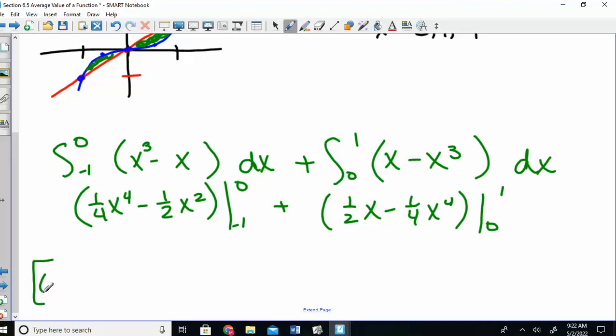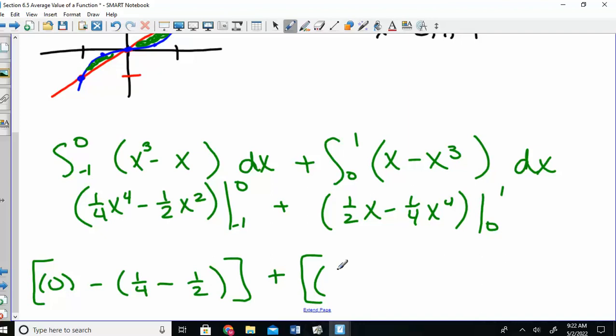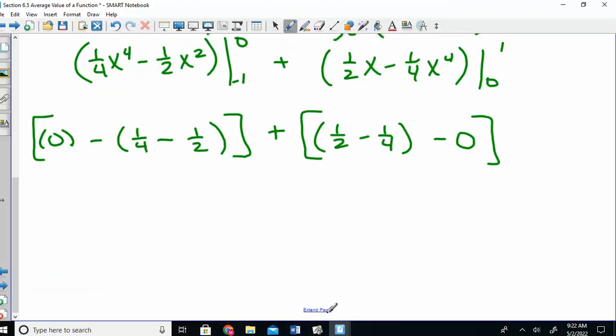After the first part, if you plug in 0, you get 0. Plug in negative 1 to the 4th is positive, so 1/4 minus 1/2. Next section, if we plug in a 1, we get 1/2 minus 1/4. Plug in 0, we get 0.